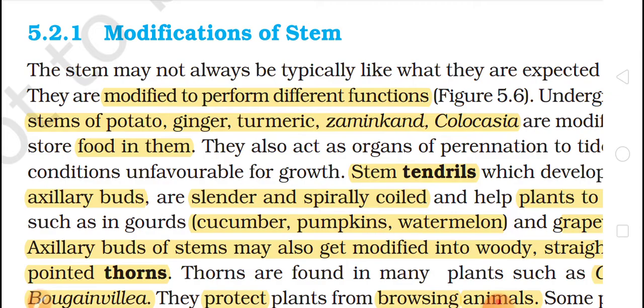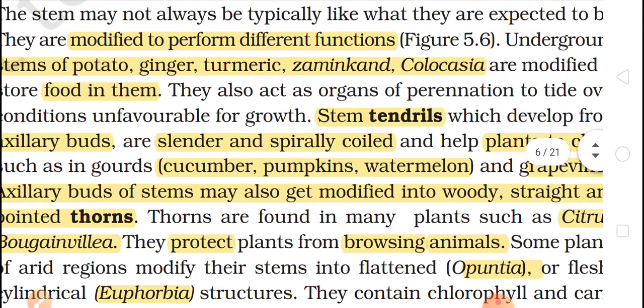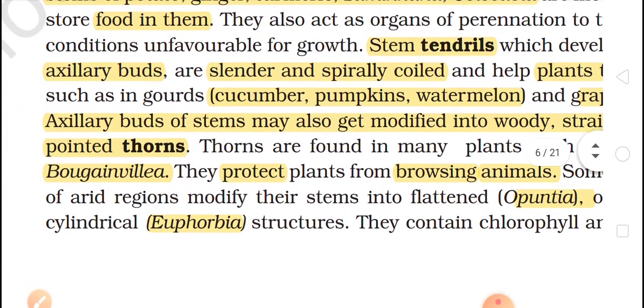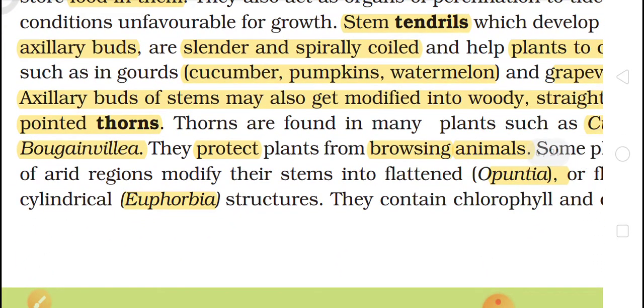Second, some stems are modified into tendrils, like cucumber, pumpkin, watermelon, grapes, and these tendrils help in climbing. Next, some stems are modified to become pointed thorns, and these thorns help in defense. They protect the plant from browsing animals.